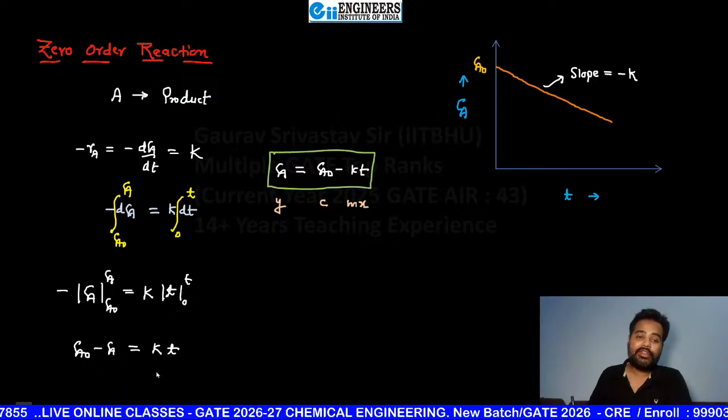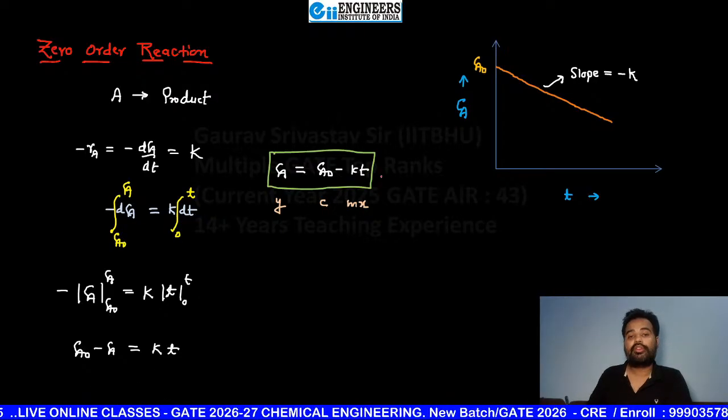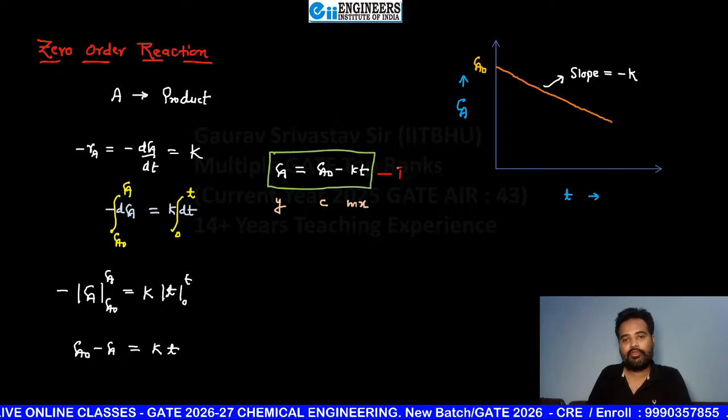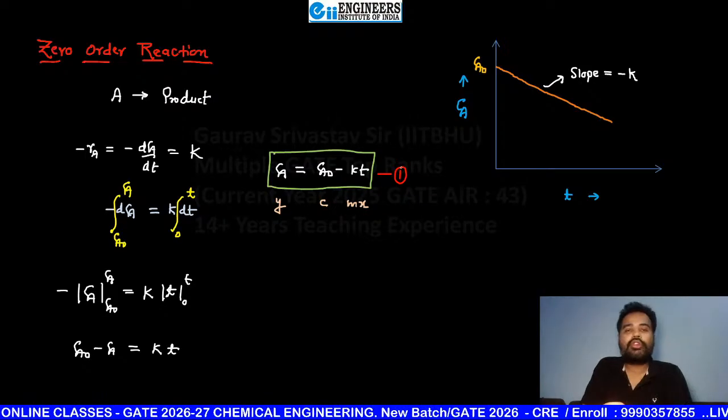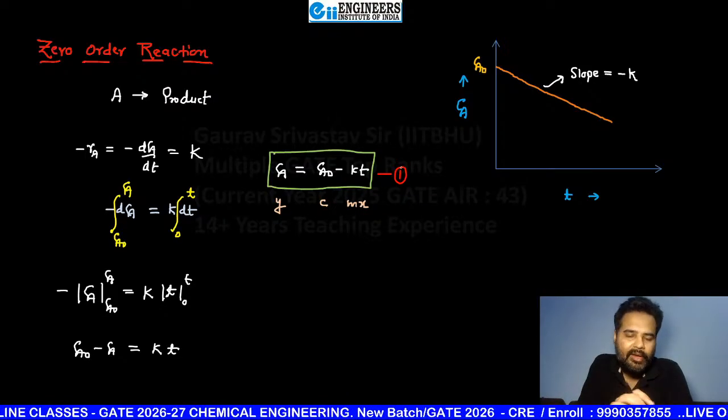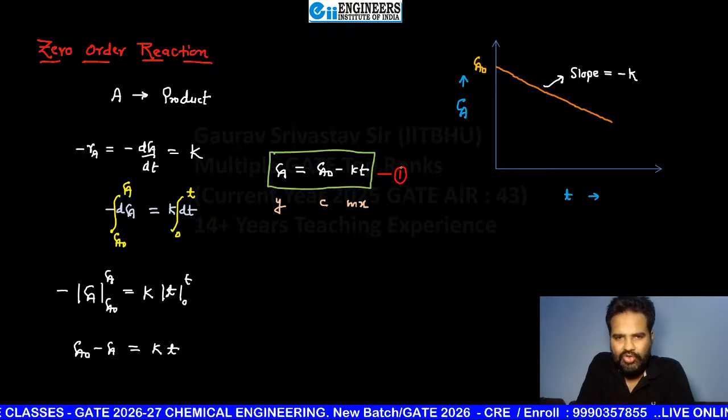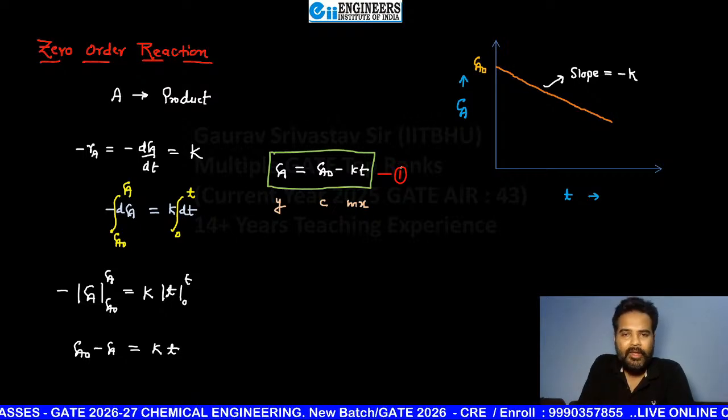Now, see beta. This final expression you can also use. This is your final expression. If you're writing it as equation number 1, it is also used in order to solve many numericals. I will show you lots of questions relating to this topic later.